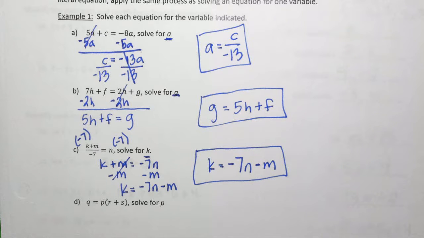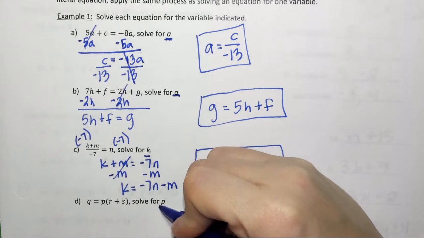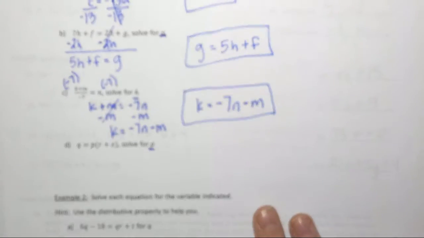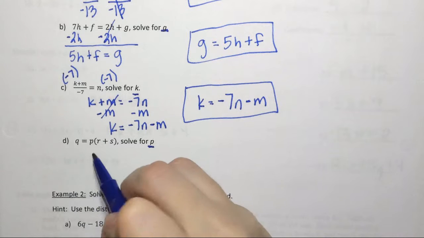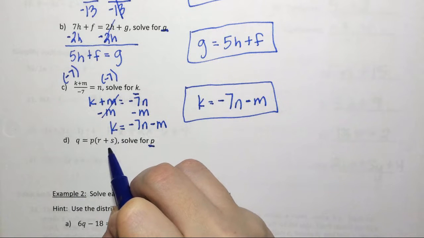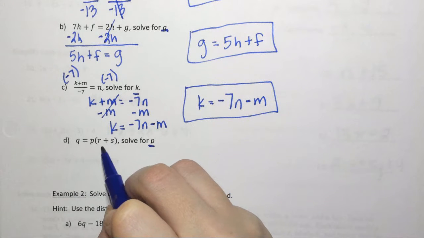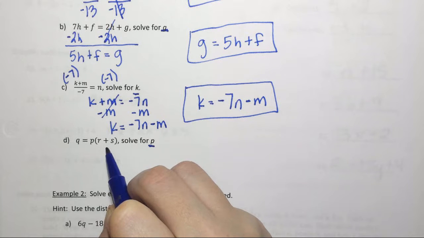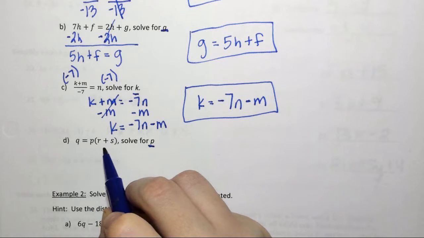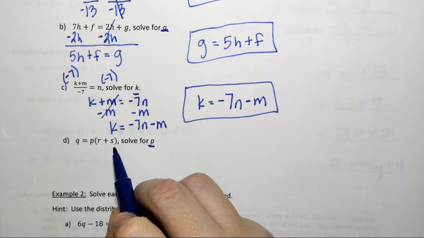Okay, problem D. This one is tricky. A lot of people want to start off doing D by distributing. You don't want to do that. This one, it says solve for P. Think of it this way. We have P times R plus S. I need to get rid of this R plus S. Right now I'm multiplying the P by the R plus S. What's the opposite of multiplying?